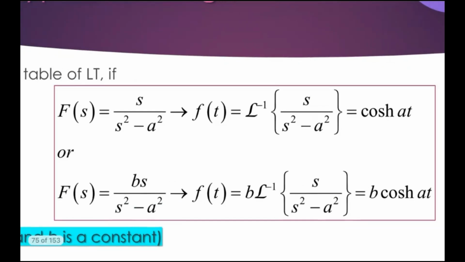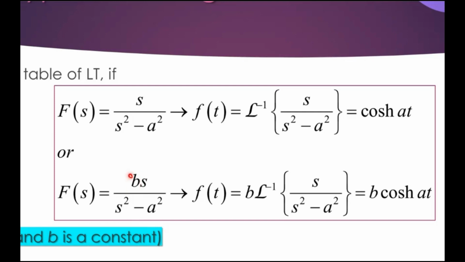Alright, next one, s over s squared minus a squared. This one you can obtain directly from the table. This one equals cosh at. The same thing applies if we don't have just s here, but some constant or number multiplied by s, for example, b multiplied by s.